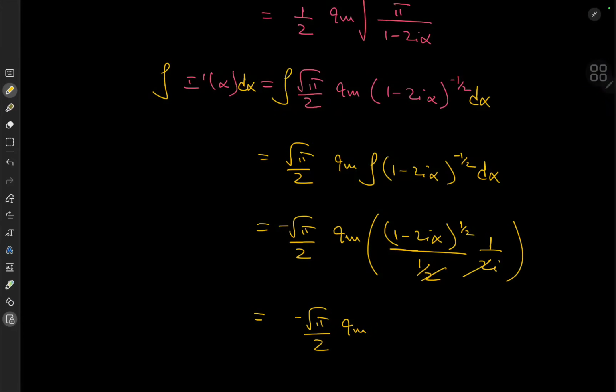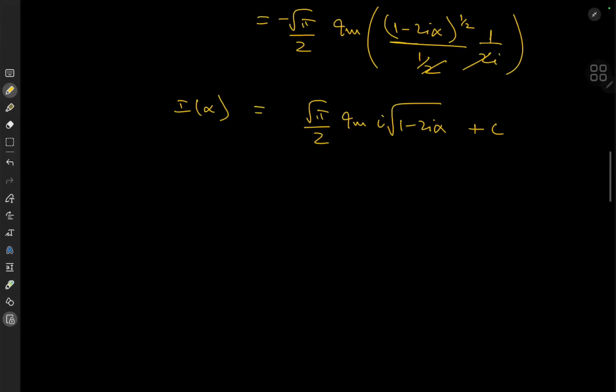And I never get tired of saying this: 1 over i equal to negative i is just so damn cool, and I can get rid of this negative sign. So we're interested in the imaginary part of i times root 1 minus 2i alpha. And we have a constant of integration left over, that is I of alpha.